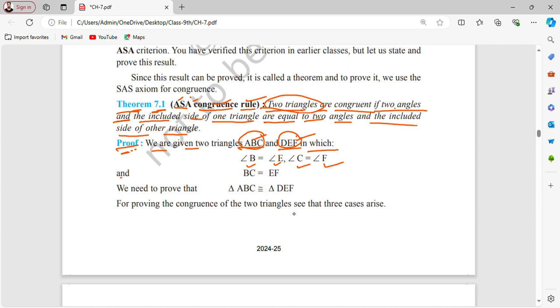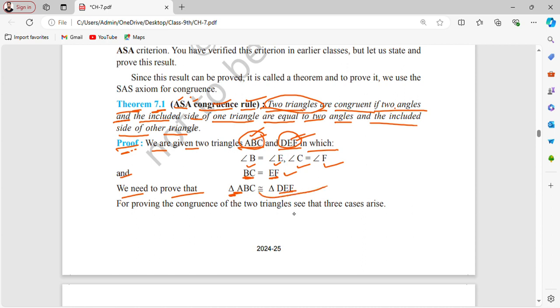And side BC of triangle ABC and side EF of triangle DEF are equal. We need to prove that triangle ABC is congruent to triangle DEF.